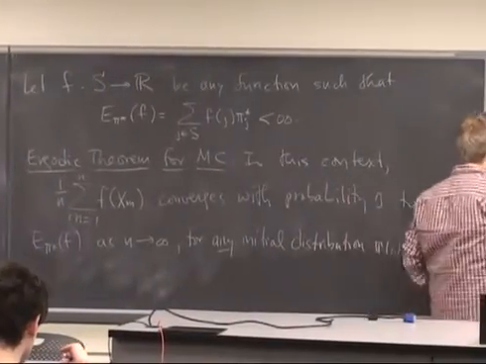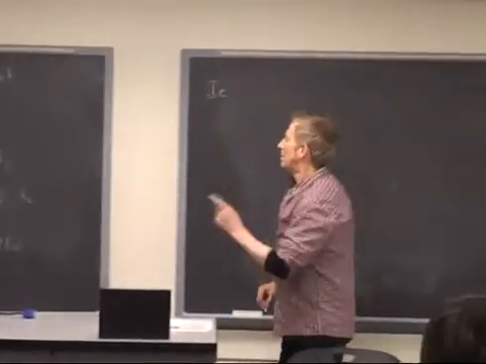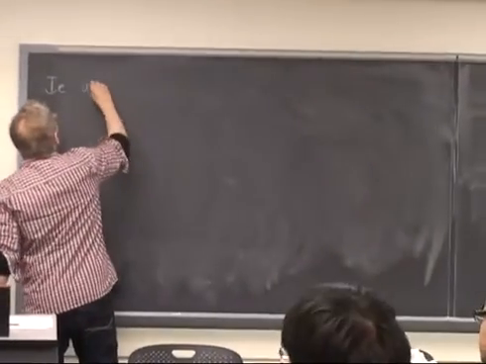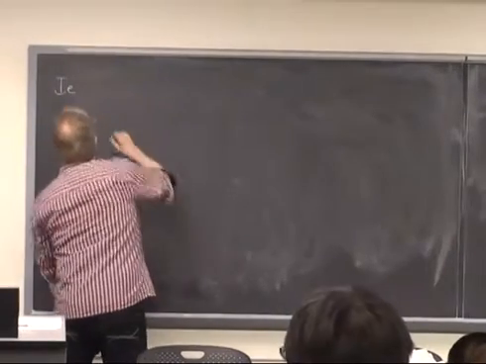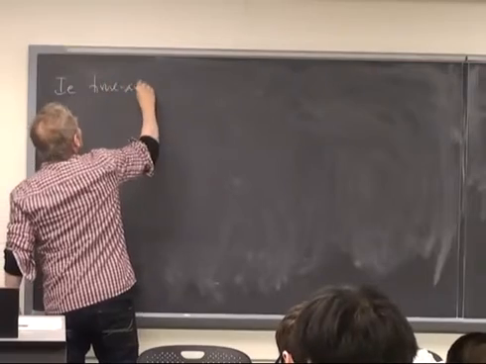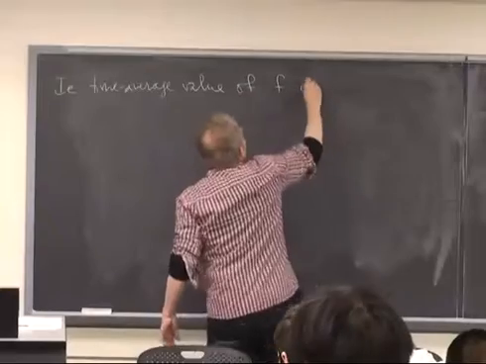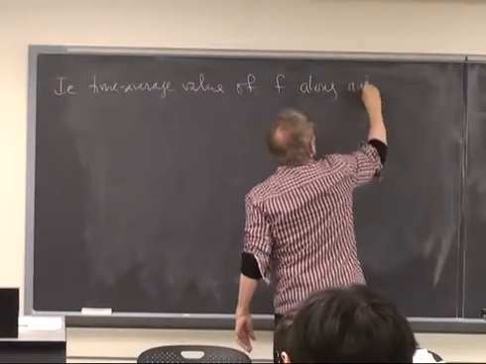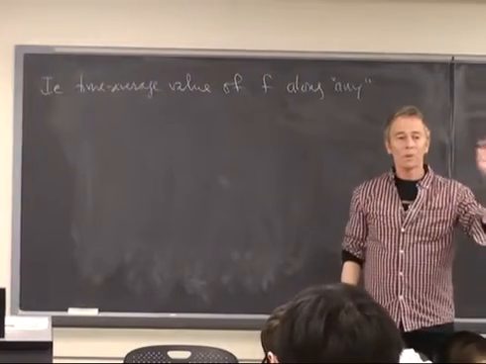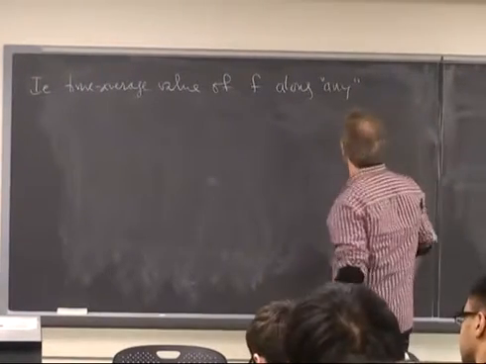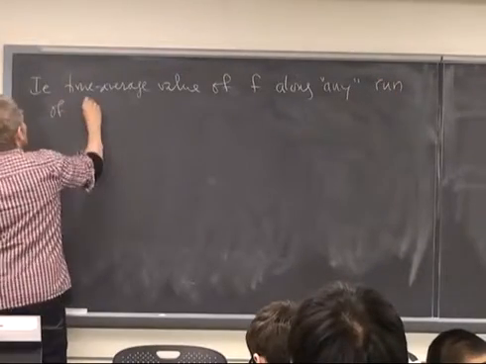So let me just state in English here, and let me be really explicit about this: the time average value of f along any, and I'll put the word any in quotes because any just means any run except for a set of runs with probability 0, of the Markov chain.